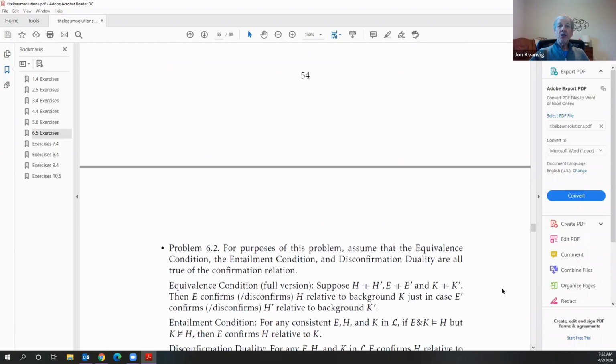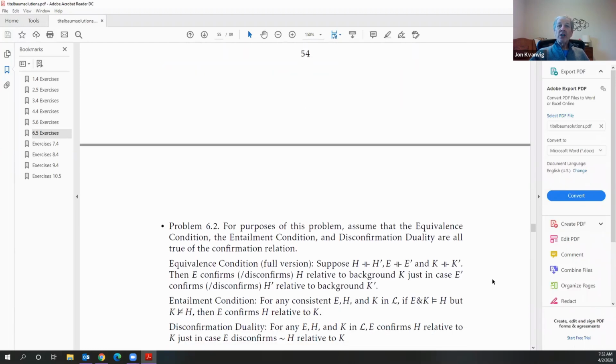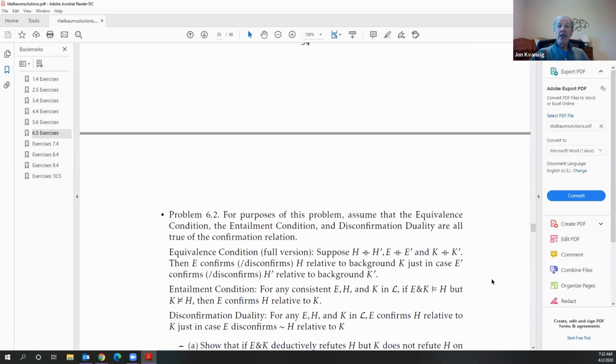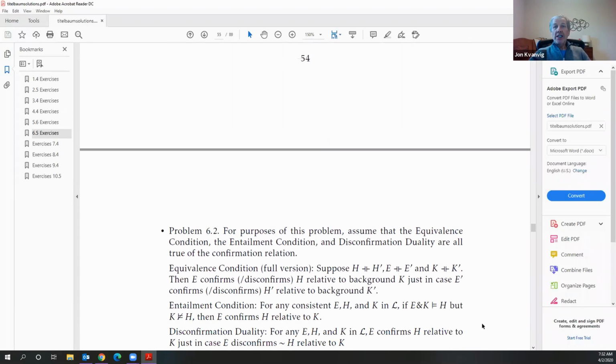For 6.2, assume equivalence, entailment, and disconfirmation duality. So let's remind ourselves what each of these is. The equivalence condition is if you've got a pair of hypotheses, 2 pieces of evidence, and two background knowledge sets of assumptions, and all of them are logically equivalent.